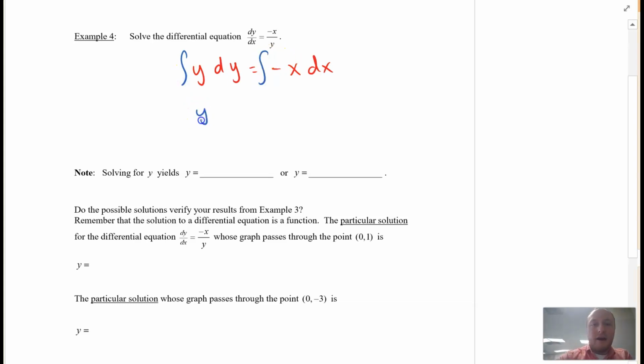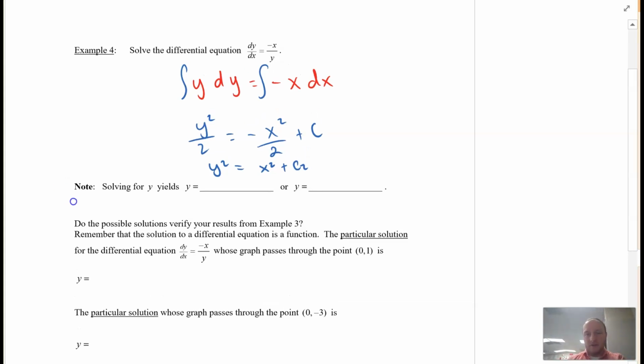So we now have y squared over 2 equals negative x squared over 2 plus c. We'll multiply both sides by 2, so we get y squared equals negative x squared plus c.